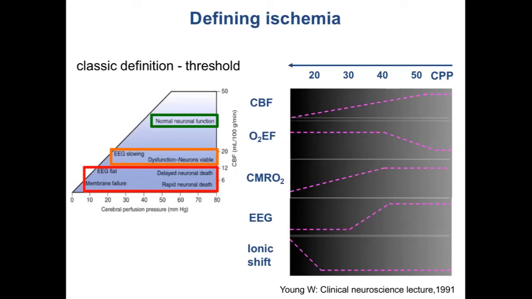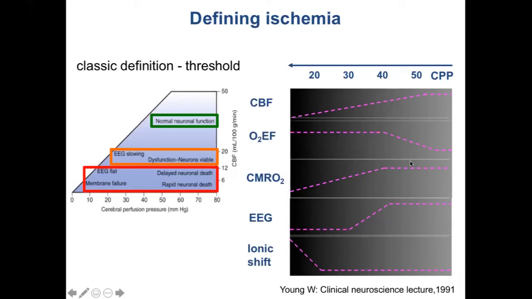What happens, or what can the brain do during this progressive ischemia? You see in this right part of the slide, reduction of CPP. There is a lower limit of autoregulation that may be different patient to patient. And you see reduction in CPP, reduction in CBF. The physiologic compensatory response to reduction in CBF is an increase in the oxygen extraction fraction.